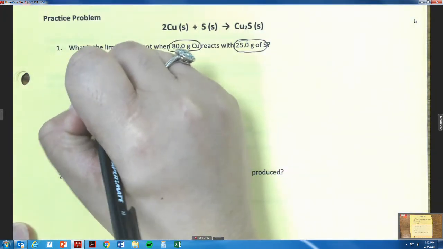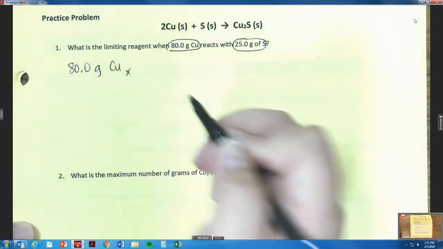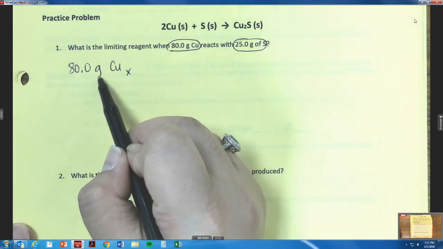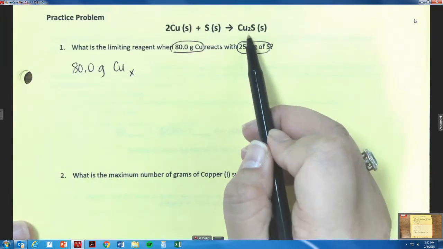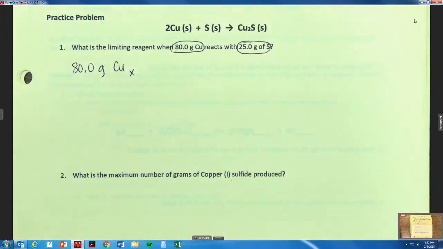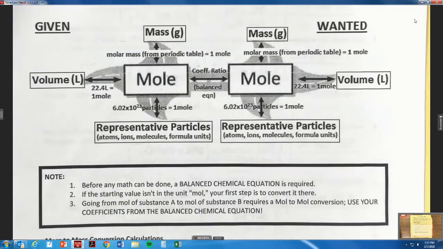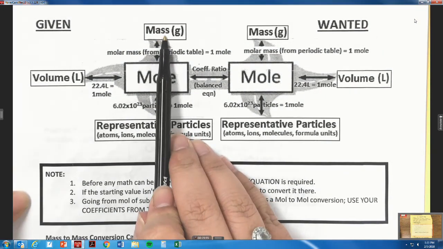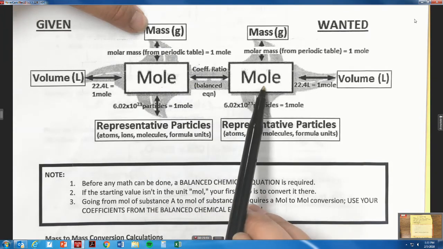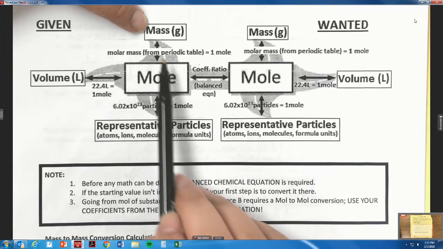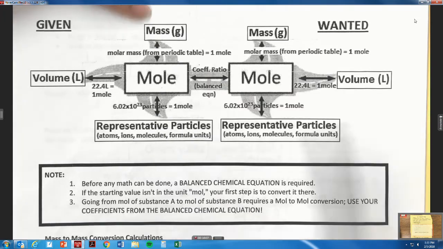So I have 80 grams of copper, and I'm going to convert that grams of copper to moles of my product, which is copper sulfide. On my mole map, if I was given grams and I was asked to look for moles of my product, then that's going to be a two-step equation.